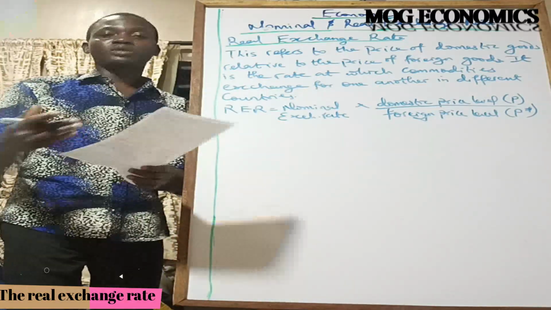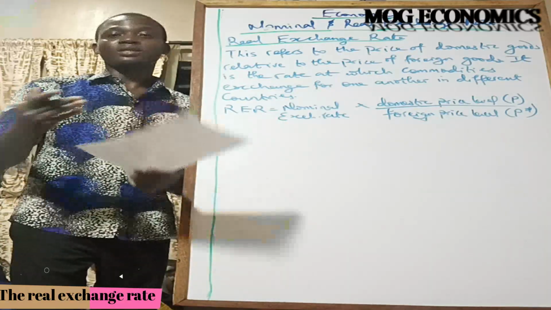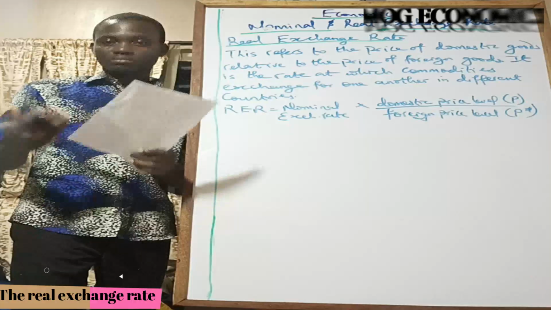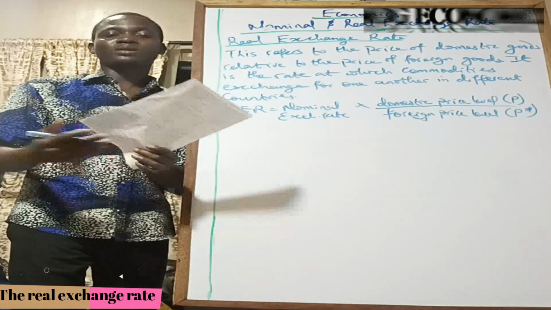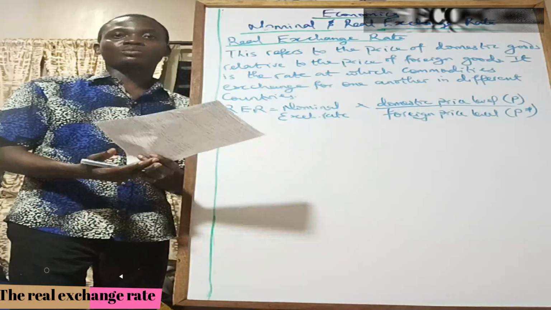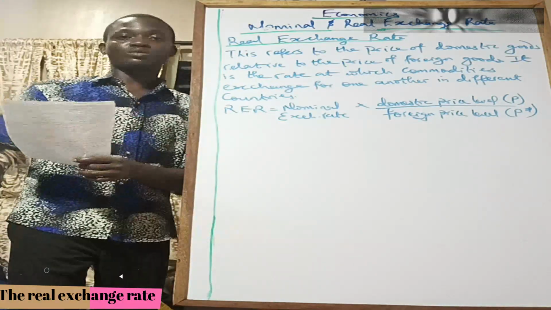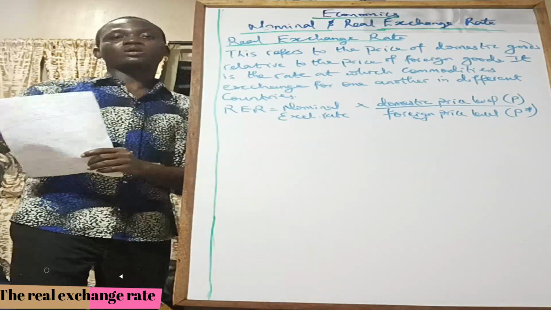So the real exchange rate brings into consideration the price level in different countries. If there is inflationary pressure, it brings that in and looks at how it affects the goods that must be sacrificed to get a good in another country.